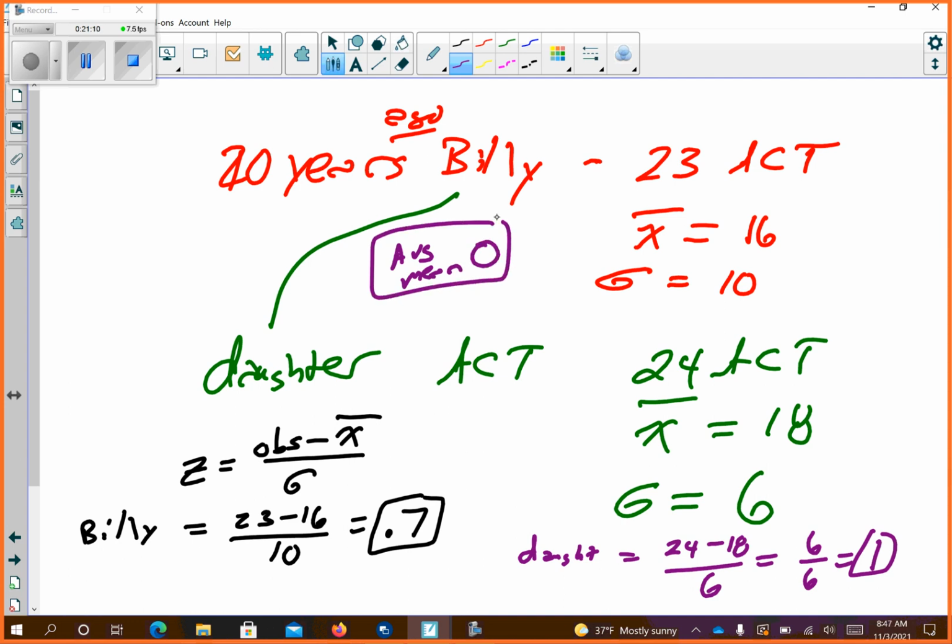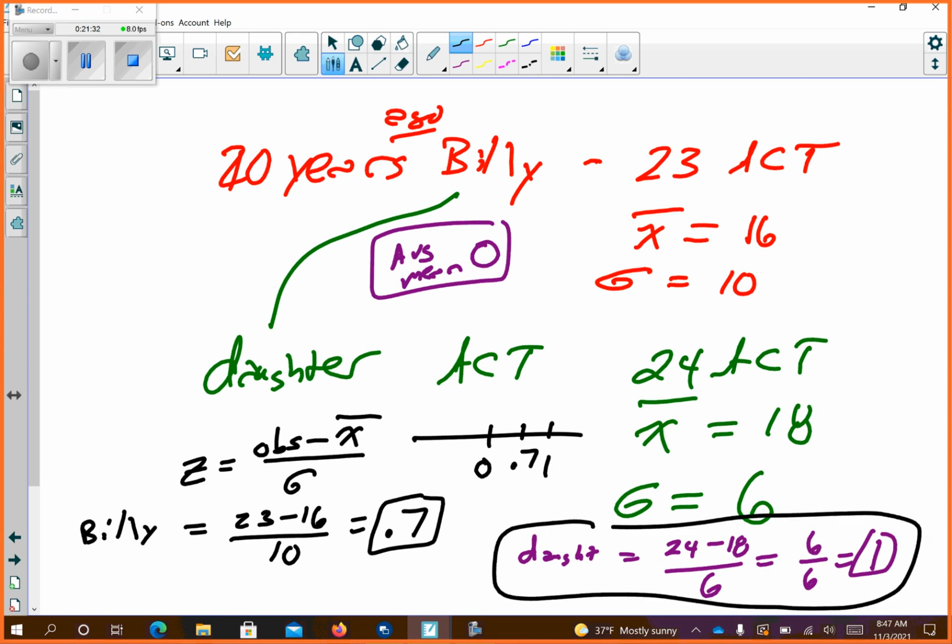So who was further to the right on the number line? Billy at the 0.7 or daughter at the 1? What number's bigger? Do you want 70 cents or a dollar? Dollar, right? So the daughter outscored the dad not only as far as the point value, but because of all things changing with all the data, actually had a higher z-score.